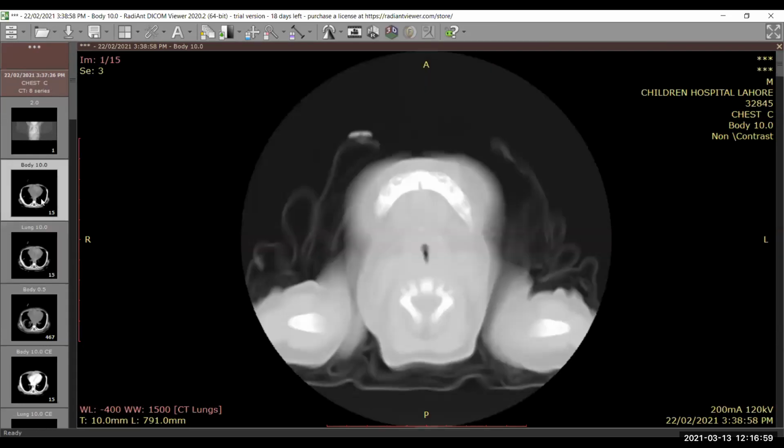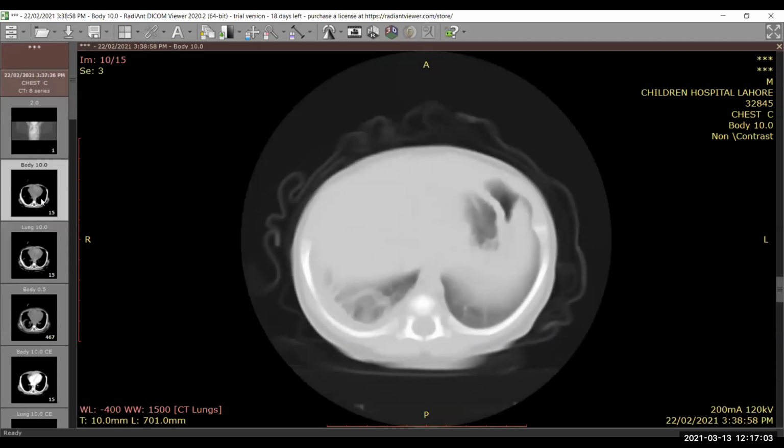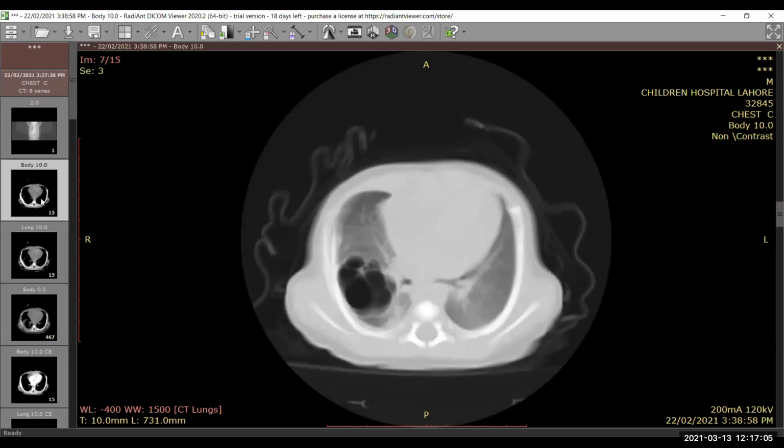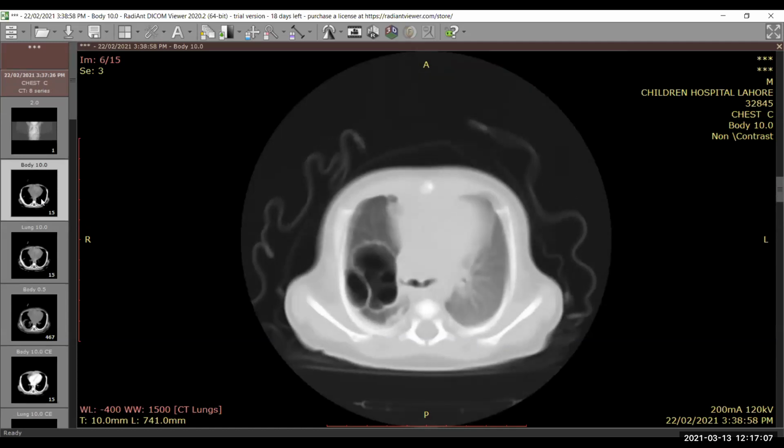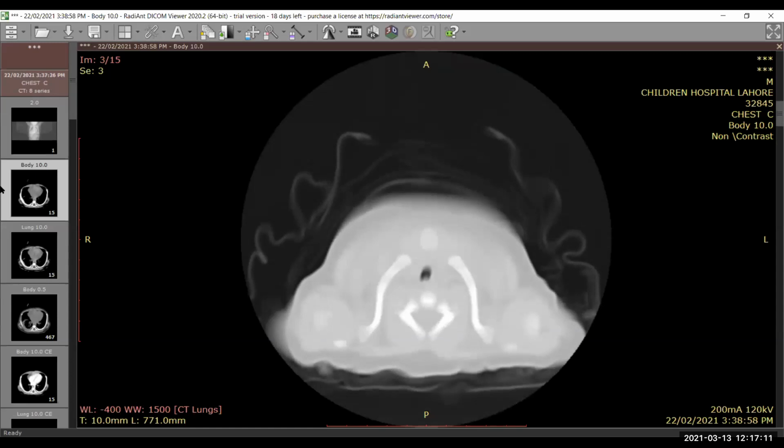So I would consider this patient a case of congenital cystic adenomatoid malformation, and discuss the case with pediatrics and refer to pediatric thoracic surgery for management.